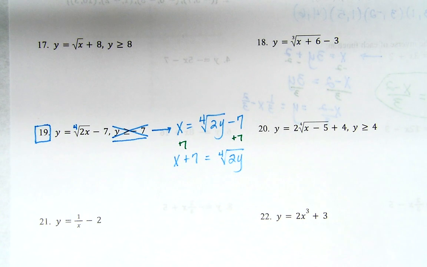Now, how do I undo a 4th root? How do I undo a square root? Square it. How do I undo a 4th root? It's a good guess.